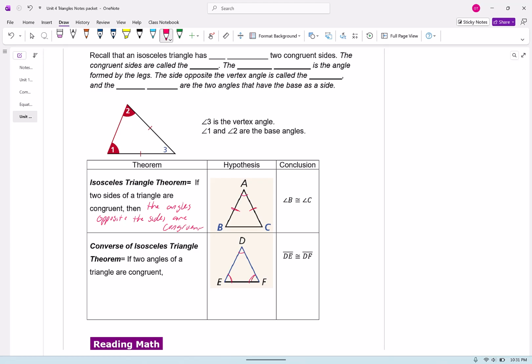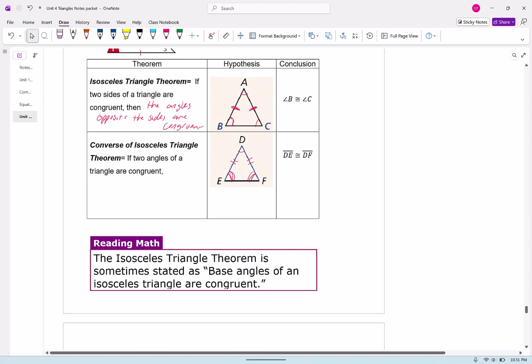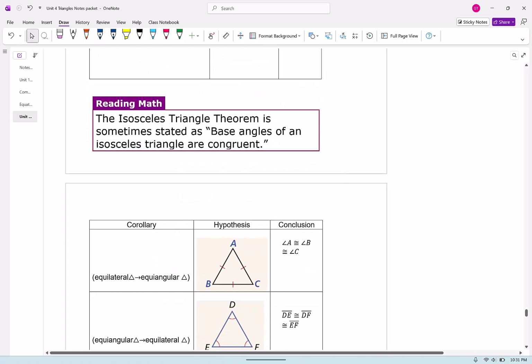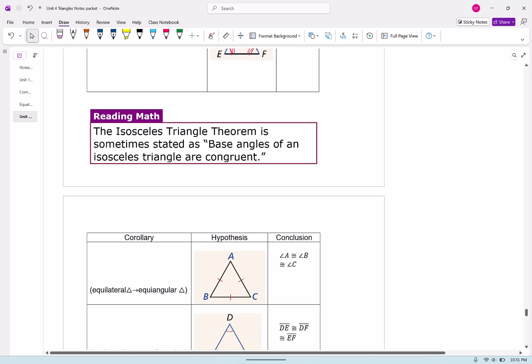So we're saying if these sides are congruent, then these angles are congruent. That's what we're trying to say with that. The isosceles triangle theorem is sometimes stated as base angles of an isosceles triangle are congruent, just in case you see that.